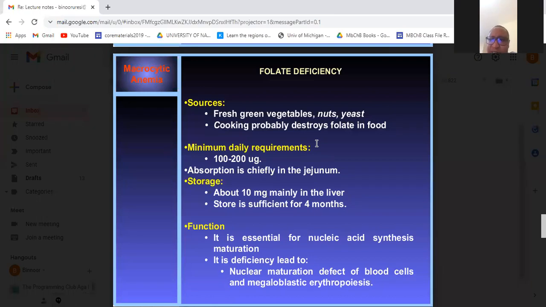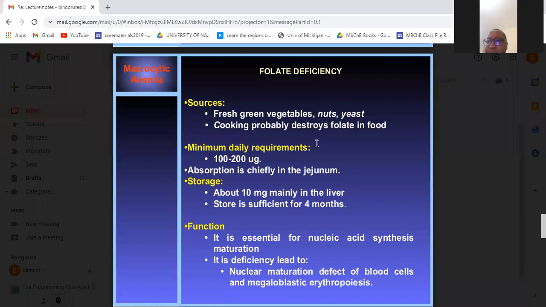So we advise patients or even ourselves not to overcook our sukuma wiki, our spinach, because when you do that, you destroy the folate found in those fresh green vegetables.